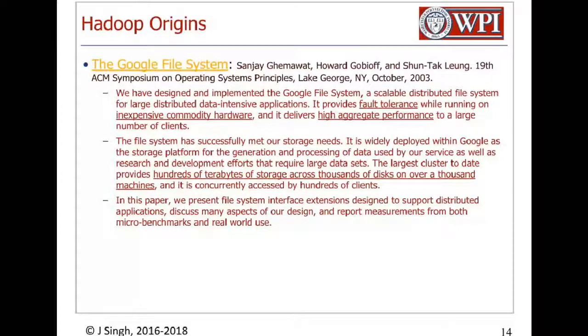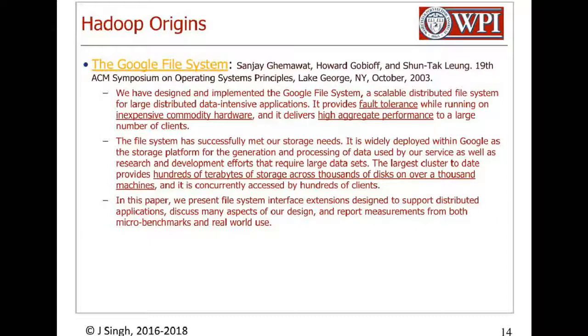The first impetus for this was the Google File System paper that was published in 2003. I've included the reference here, and this yellow link shows you where the actual paper is, and a few excerpts from the paper itself. The main thing they were focusing on was a distributed, scalable file system that delivers very high aggregate performance to a large number of clients, and it's built using commodity hardware.